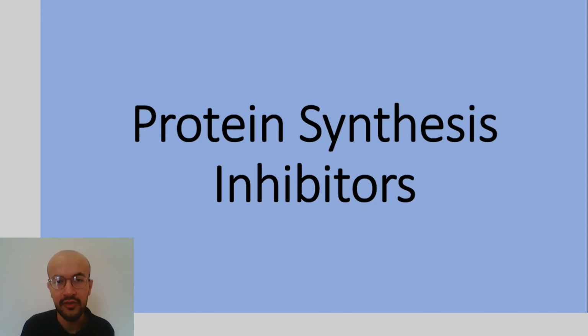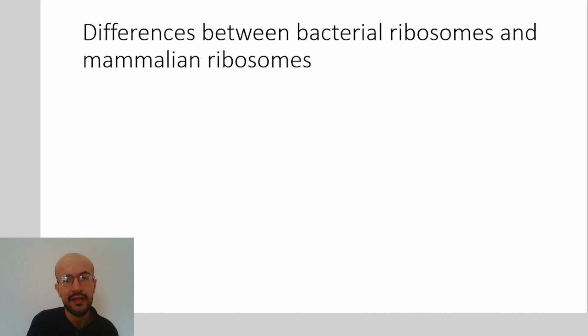So after we completed the cell wall inhibitors, the penicillin, the cephalosporins, the monobactams, the carbapenems, and the glycopeptides, now we are going to move to another family of drugs, and this is going to be about the protein synthesis inhibitors.